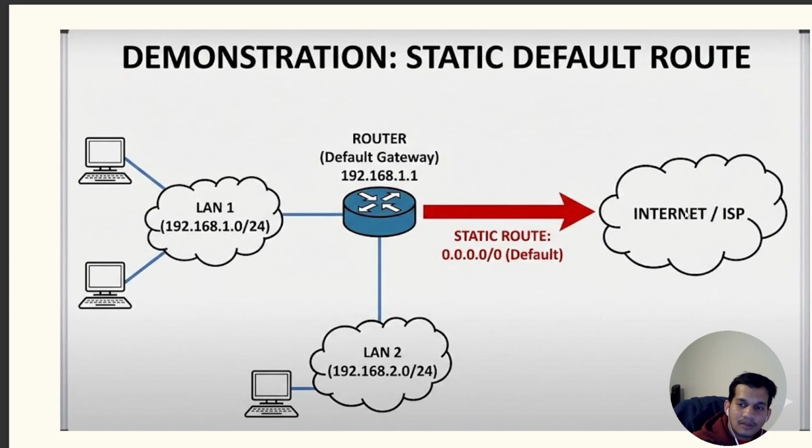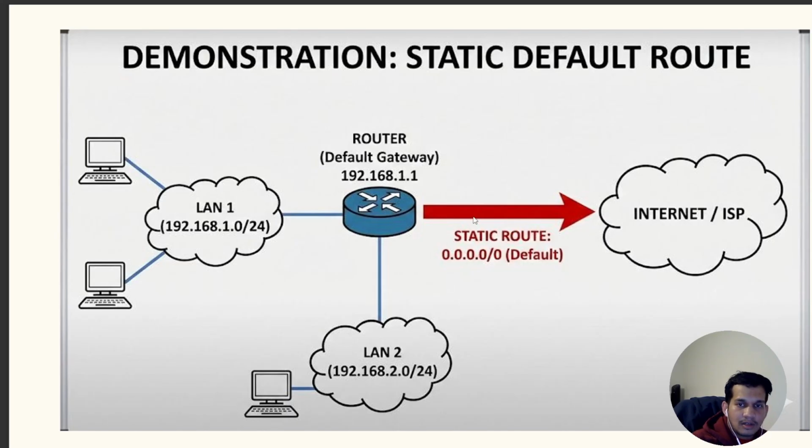So the static route will be through the internet. So the command will be IP route 0.0.0.0, subnet is 0.0.0.0, and the next hop will be the exit interface of this router, or the internet's IP over here.